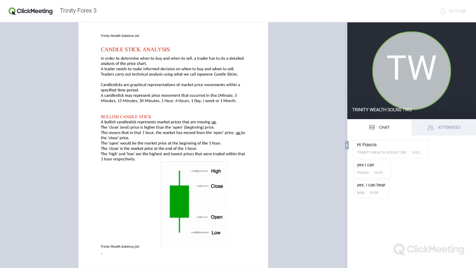So every 1 minute a candlestick opens and closes as the minute lapses. You can also select 5 minutes: every 5 minutes a candlestick opens, runs for 5 minutes and closes at the end of the 5 minutes.